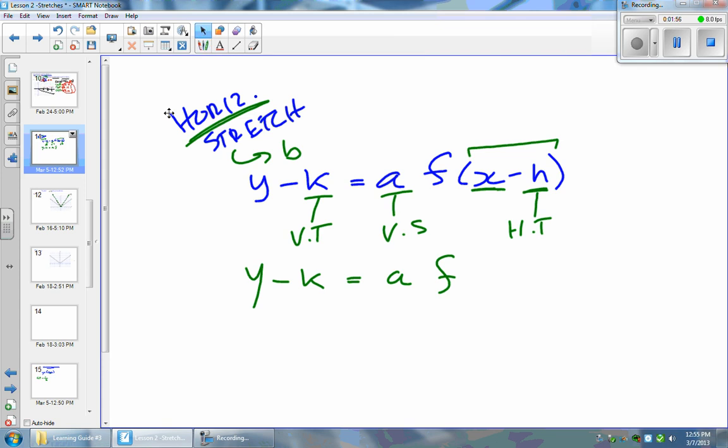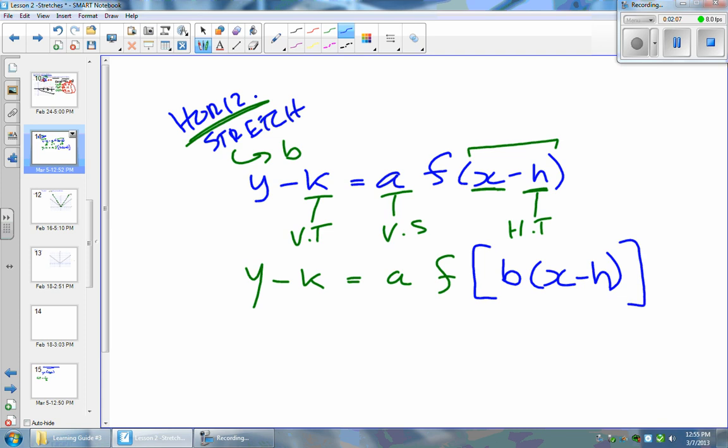And that horizontal stretch is going to be represented by our b value. It's going to come right outside of our x minus h expression, and then we're going to close it with a square bracket. So there is the function that you are all going to be getting to know very well. This involves all types of transformations that we learned so far. But in this lesson, I want to go through what this b value does to your function.